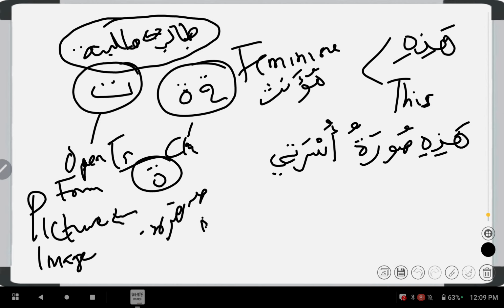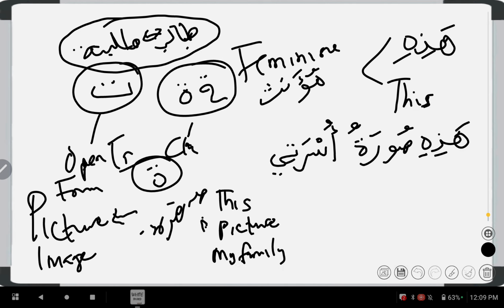Now let's break this sentence down. هذه means this. Suratu means picture. What does usrati mean? We said usratun is a family. Usratuka, your family. Usratuki, your family. Usrati, that is my family.